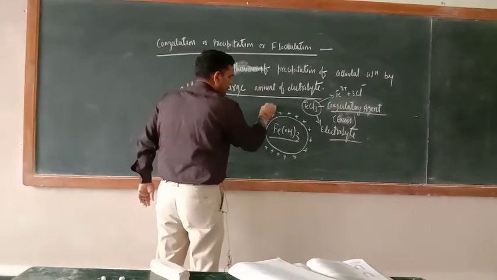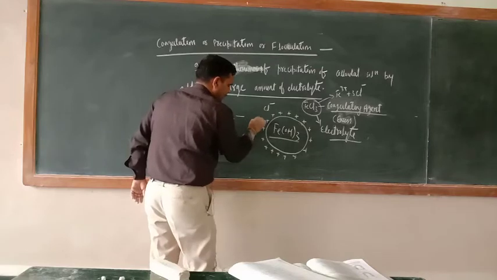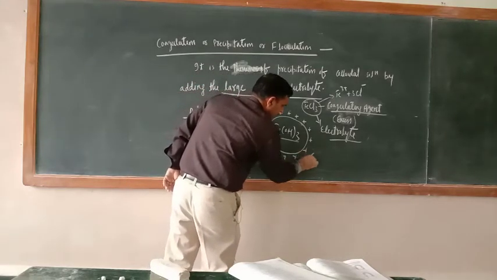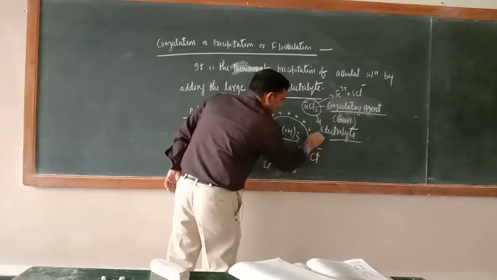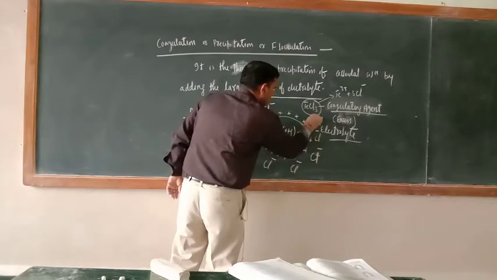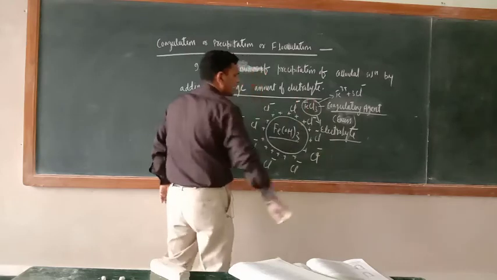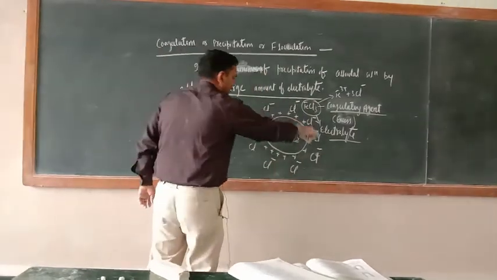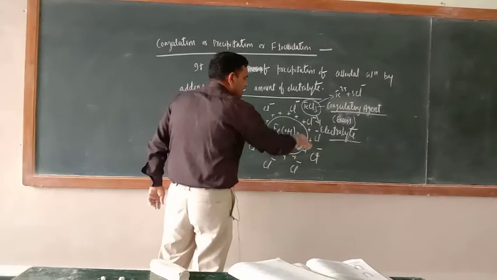Now here there will be Cl negative, Cl negative, Cl negative everywhere around. These Cl negative ions will neutralize this positive charge.